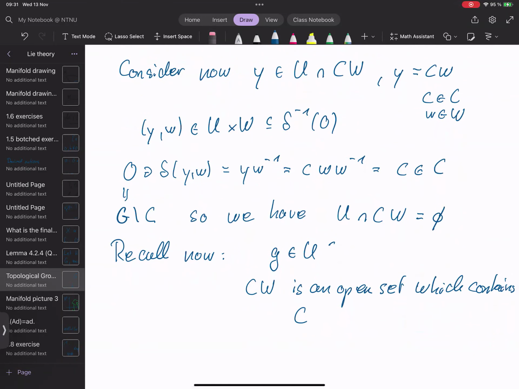So C is inside of C times W. So we have found two open sets. U was open, it contains g, and C times W, which is an open set which contains C, but they don't intersect each other, and this proves the lemma. So we are done here with this proof.